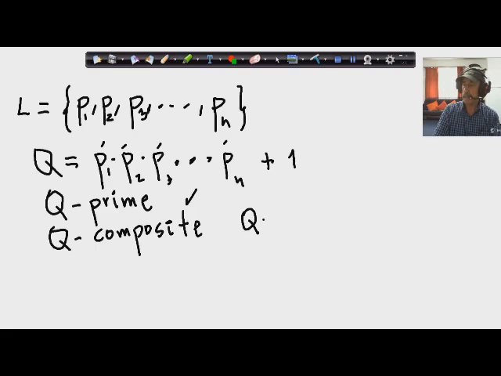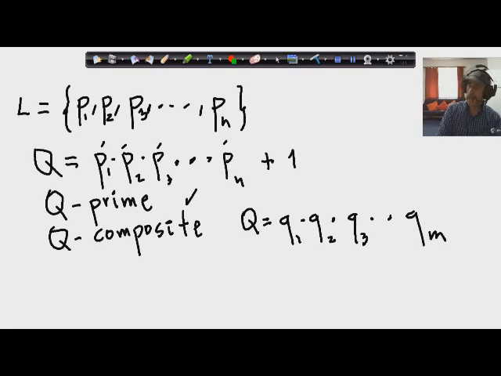It has a prime decomposition, a factorization into primes, and the factorization of Q must have at least 2 primes. Maybe both are the same, maybe it has more. Say it has n primes.